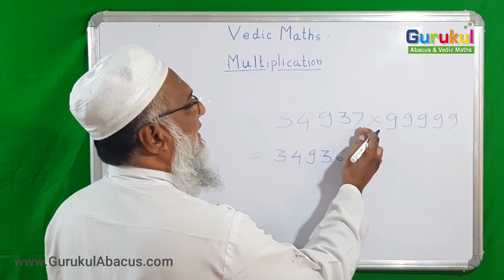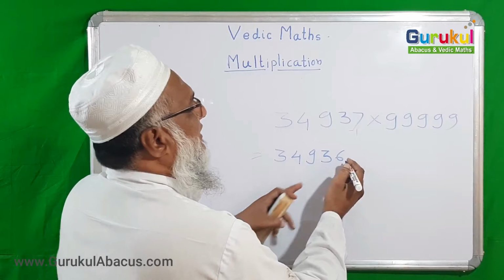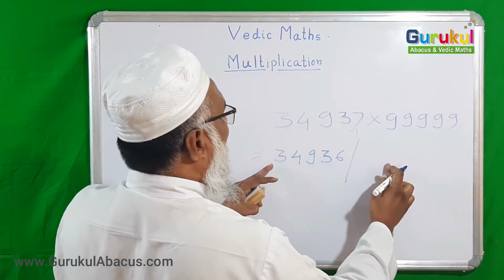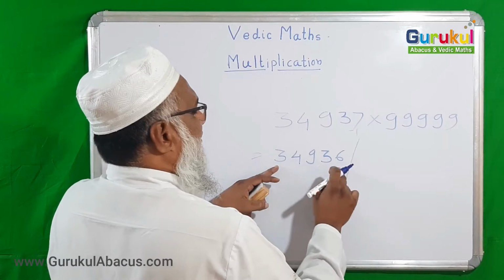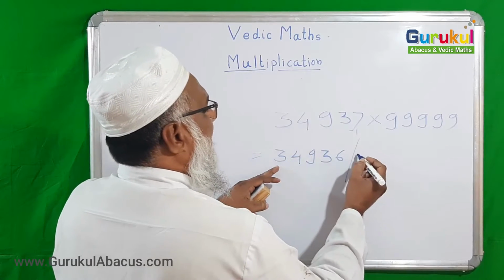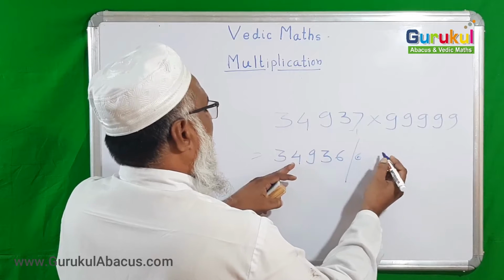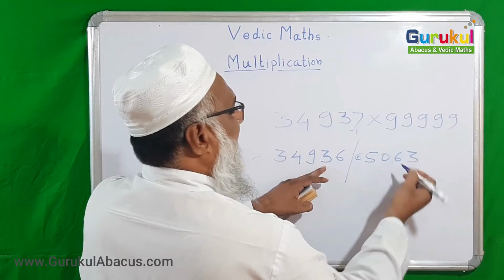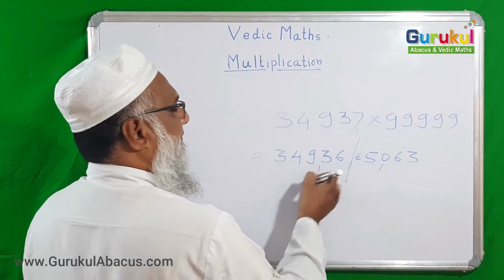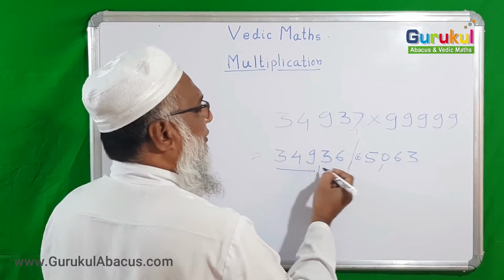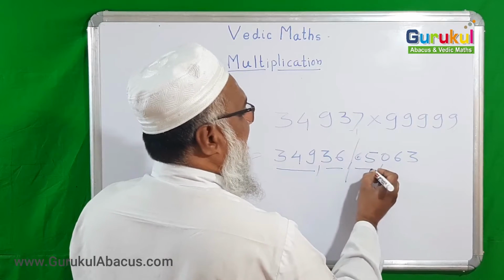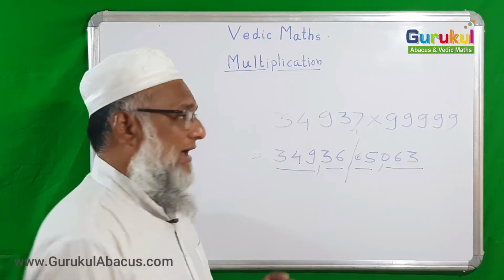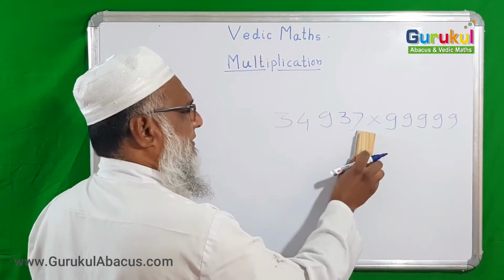I didn't write 7. I wrote 6 here because I subtracted 1 from it. Now for the further part of the answer I subtract all those digits from 99999. 9 minus 3 is 6, 9 minus 4 is 5, 0, 6 and 3. That's my answer: 349 crore 36 lakh 65,063.